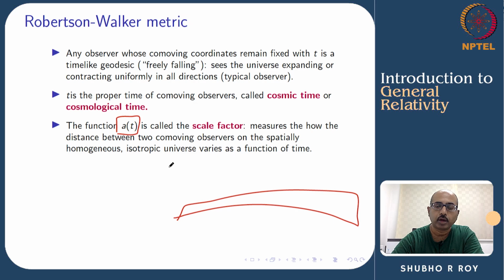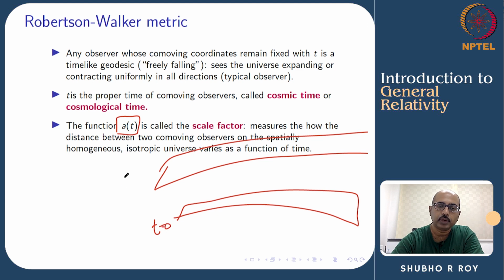So we have the spatial sections at two different times. This is t equal to 0, and this is the t greater than 0 slice. And let's say we take two co-moving observers, that is, this is rho equals 0, where theta, phi is undefined, and this is some rho, theta, phi.